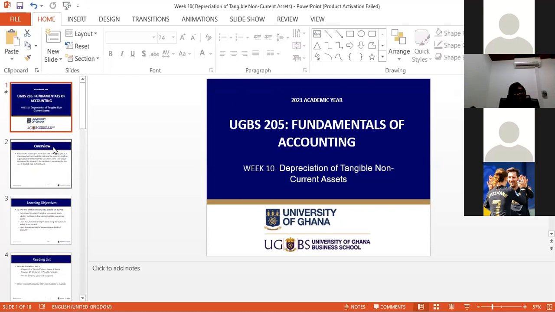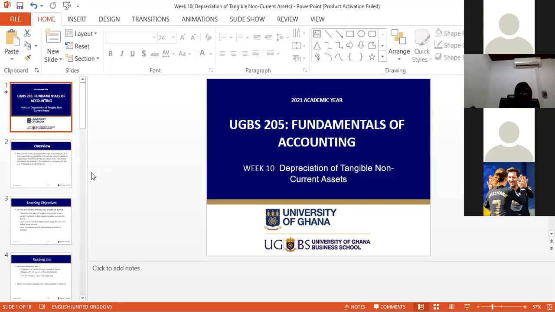So we know that all revenue expenditure and income go to the income statement. All capital expenditure and income go to the statement of financial position, with a few exceptions. So that is one thing we must note.